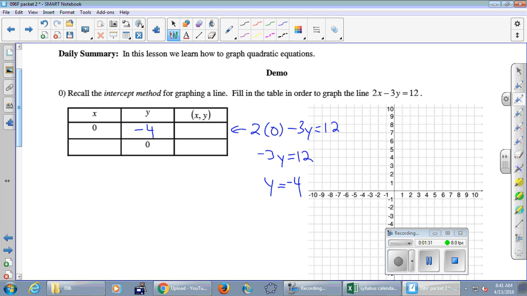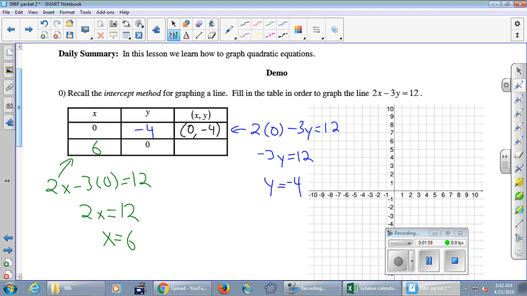I can play the game by letting y equal 0. Go back to the original equation. How much is x? 6. Everybody's okay with that? Okay, so that means we have 2 points. First one is 0, negative 4, and the second one is 6, 0.